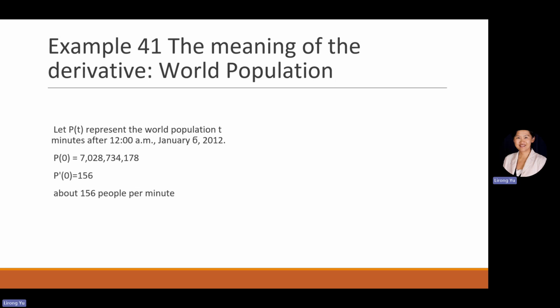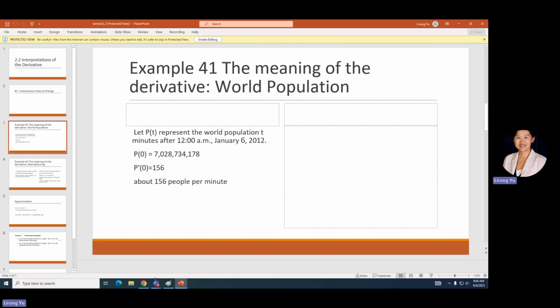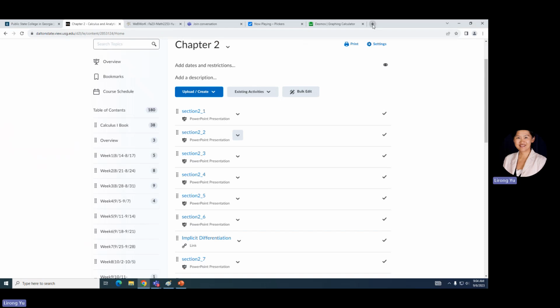Okay, let's look at a question. This is about world population. We can actually find the world population every second.